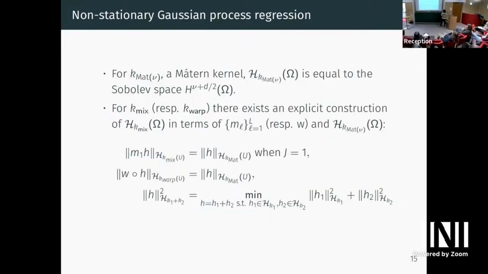For the Matern kernel, I don't know if everyone knows what it is, but essentially it's the kernel where you can vary the regularity, and this nu tells you that. That is equal to a Sobolev space, and we can use this for both the mixture and the warping construction to show that the reproducing kernel Hilbert space that comes from the warping and mixture kernel is also equal to a Sobolev space.